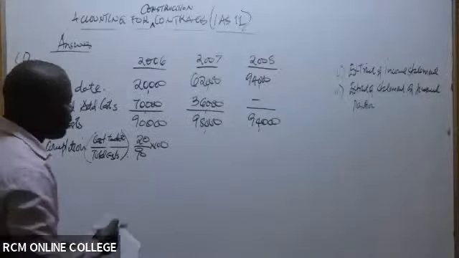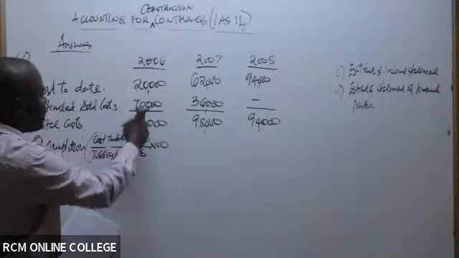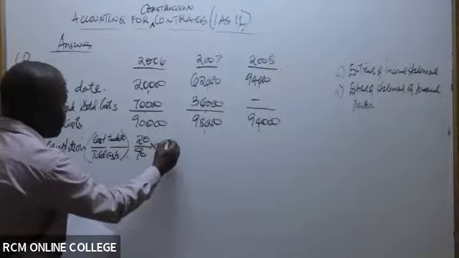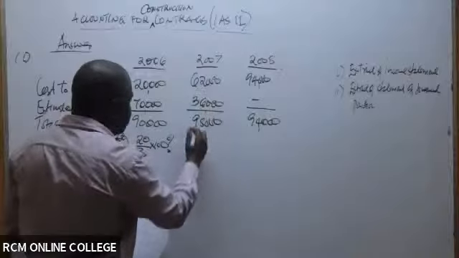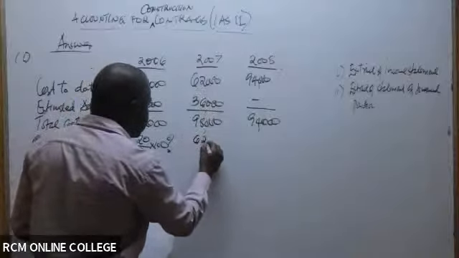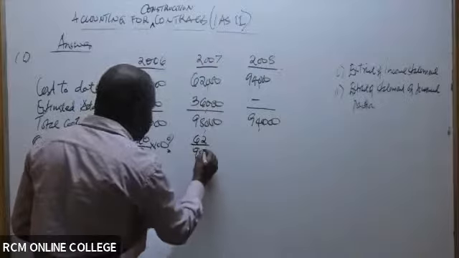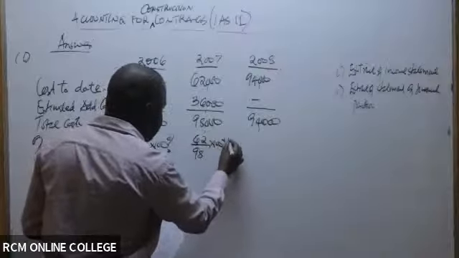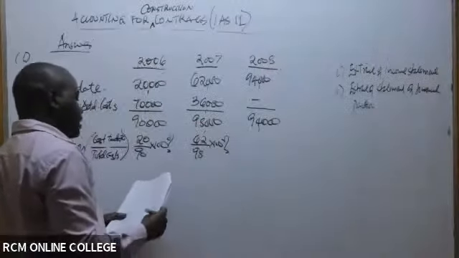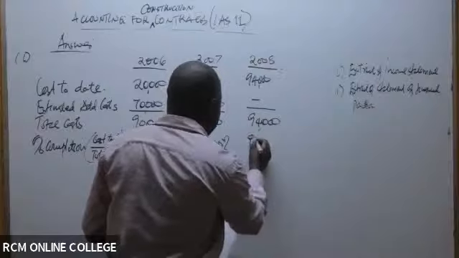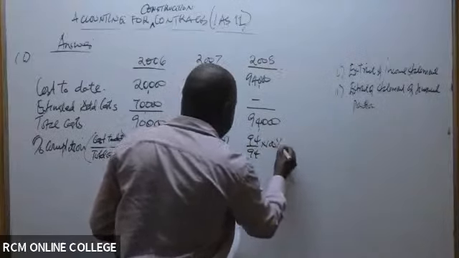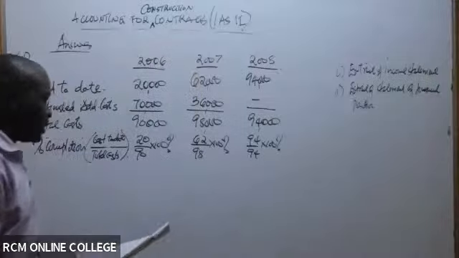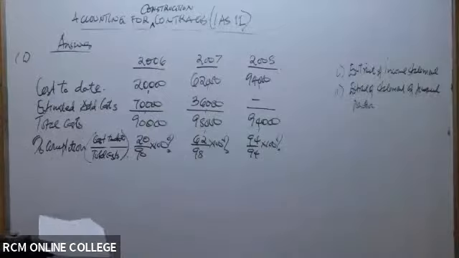What have I put? This is 20, I have taken the first figures. 20 over 90 multiply by 100%. This one you will take in this case 62 divide by 98 multiply by 100%. This one you will take 94 over 94 multiply by 100%.